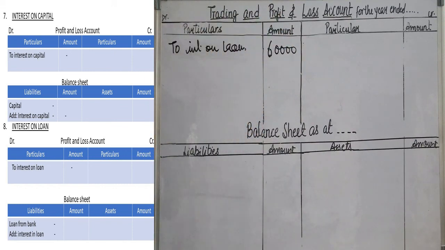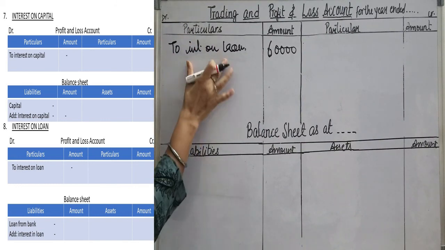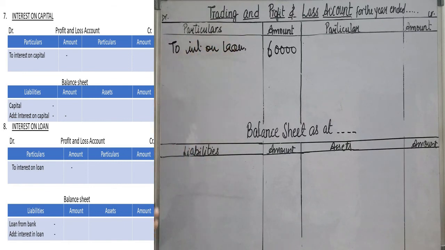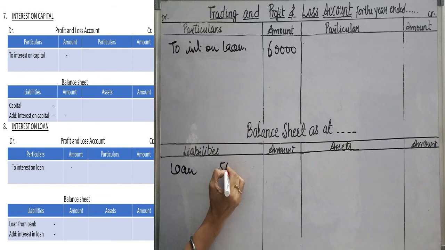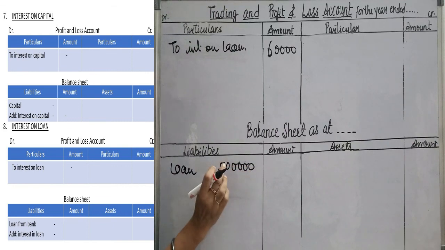Okay. The second treatment of this entry will go again here on the liabilities side of the balance sheet, and this interest on loan will ultimately increase the amount of loan by the proprietor. So it will be added to the loans on the liabilities side of the balance sheet. The amount of loan on the liabilities side was rupees 5 lakh earlier.